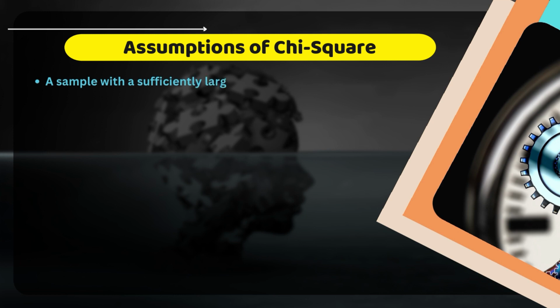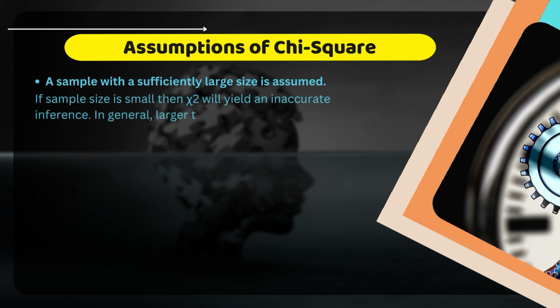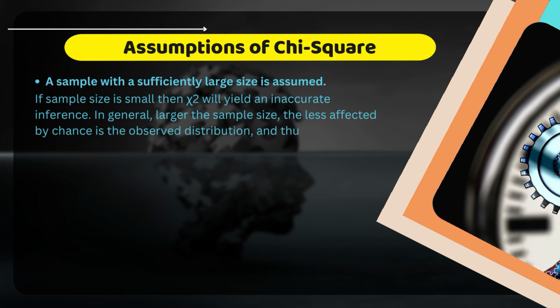Now, we are going ahead towards the next assumption of chi-square test. Next assumption is a sample with a sufficiently large size is assumed in chi-square test. If the sample size is small, then chi-square will not yield an accurate inference. And you know, inference matters in such kind of inferential statistical tools.